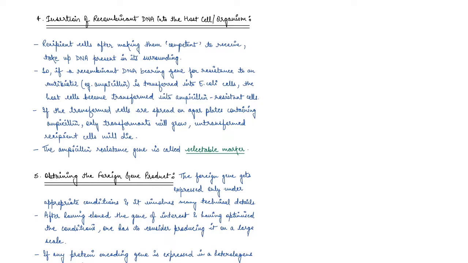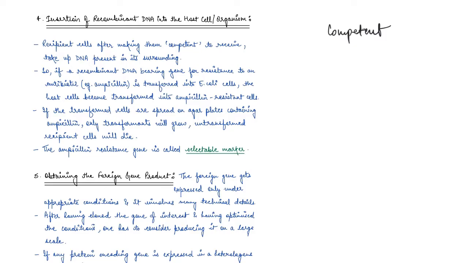So what we do is we make the host cell competent to receive the DNA, right? That can be done through different methods that we have already discussed in the last video. So if you have not gone through that video, please go through it.